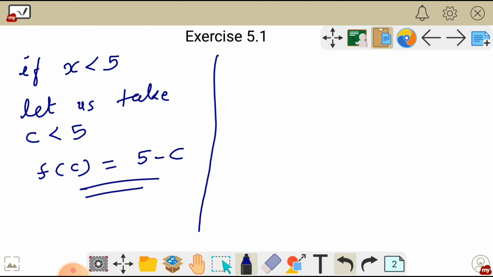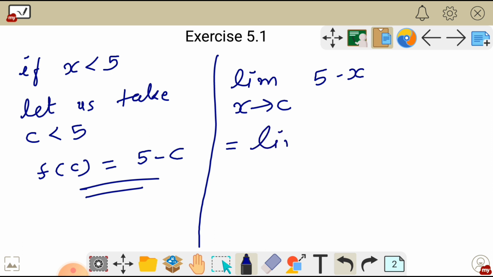Okay. Now let us find the limit. So limit x tends to c. Here keep this in mind that c is less than 5. 5 minus x, which is our function. So we can directly put the value of x here and we get 5 minus c.